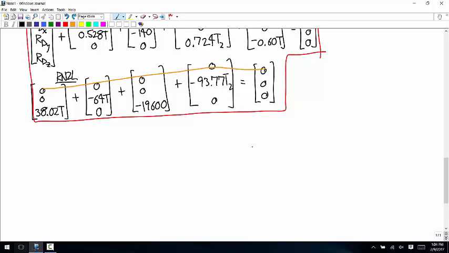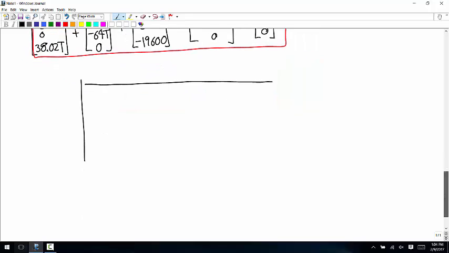And so I'm just going to set up this matrix for reduced row echelon form. It has to have 5 rows and 6 columns.